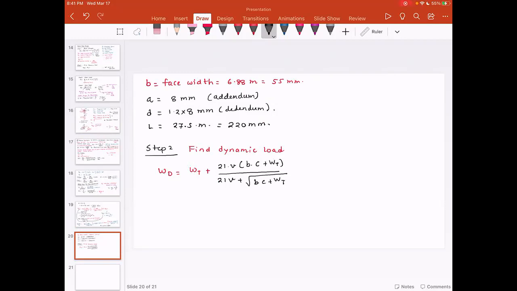And you will find the value of C from table 28.5.